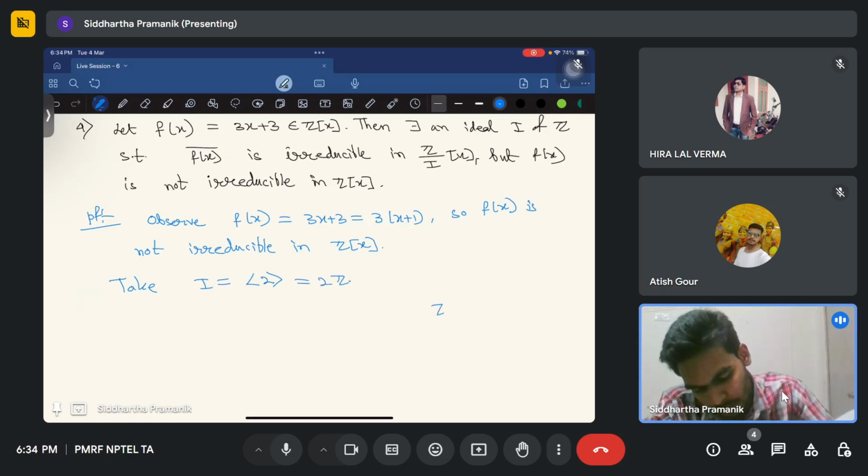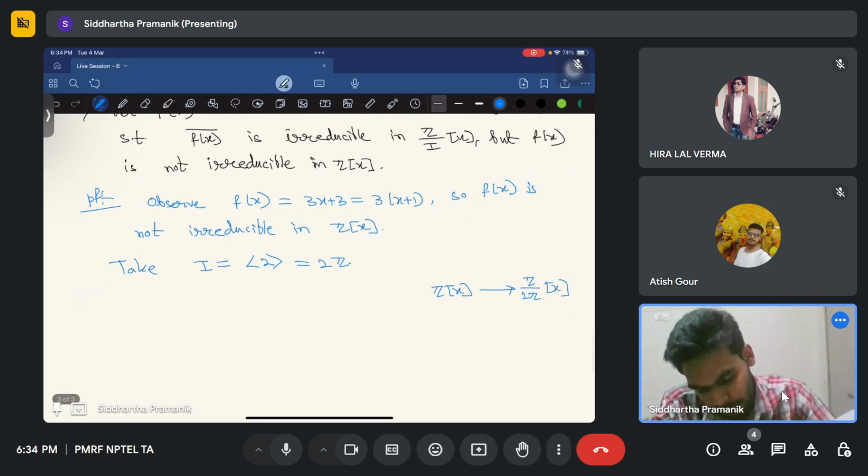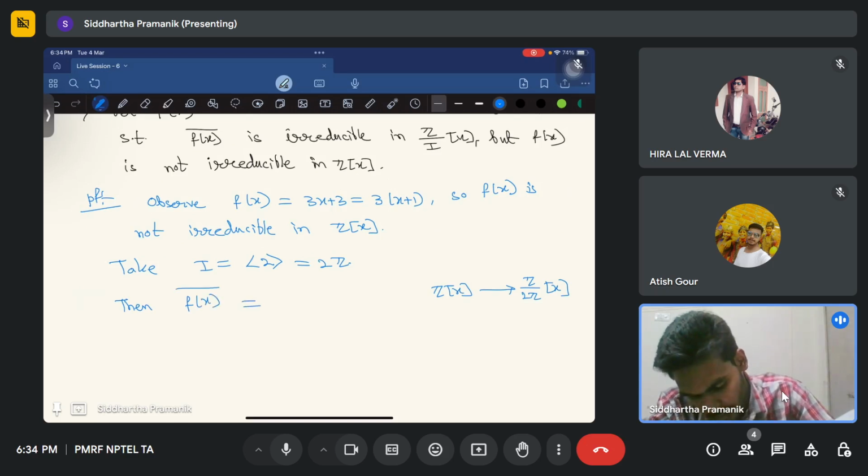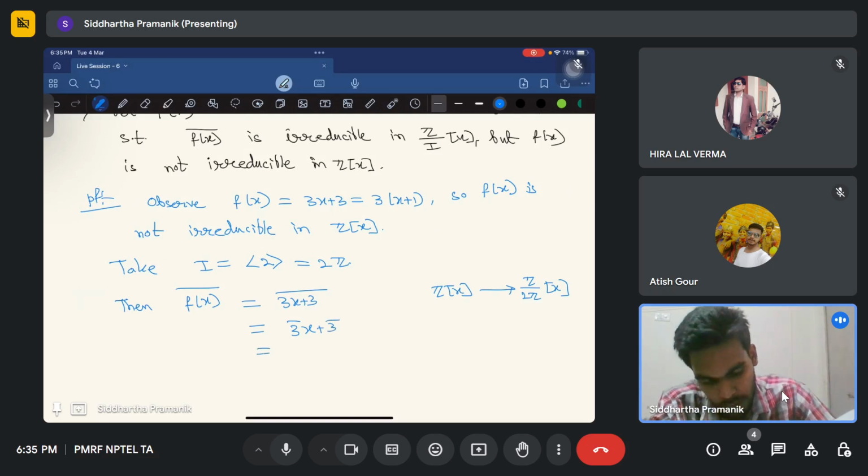So here you have Z[x], and you are taking (Z mod 2Z)[x]. Then what is your f(x) bar? It is basically 3x plus 3 bar, that is 3 bar x plus 3 bar. But in Z mod 2Z, 3 bar is the same as 1 bar. So you can write it as x plus 1 bar.